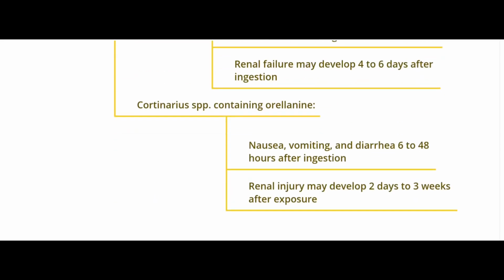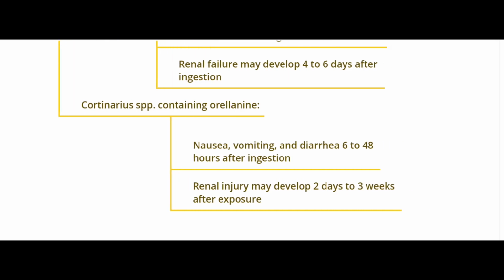We can have the Cortinarius species that have orellanine, and the renal injury develops around 2 days to 3 weeks after the ingestion. Once again, I put the Latin names because these mushrooms will have different names and different identifying features in different areas and different countries.